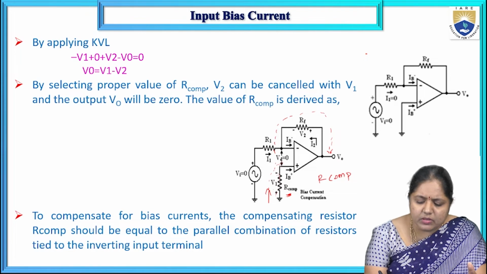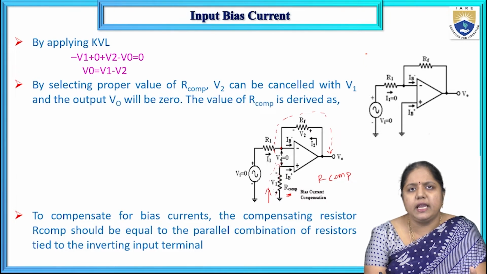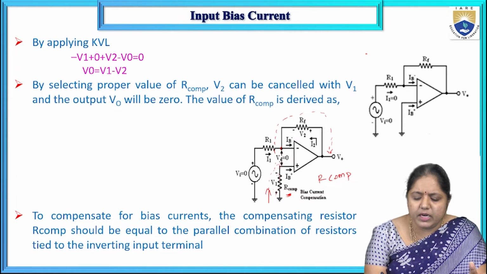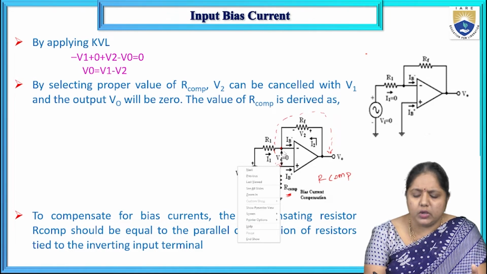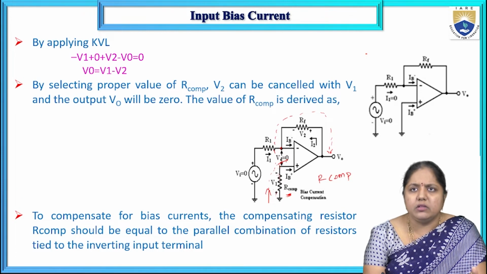Next, plus the voltage between these two nodes. What is the voltage at these nodes? According to the ideal characteristics of the op-amp, the difference between the inverting and non-inverting voltage equals 0. So here VD is represented as 0.